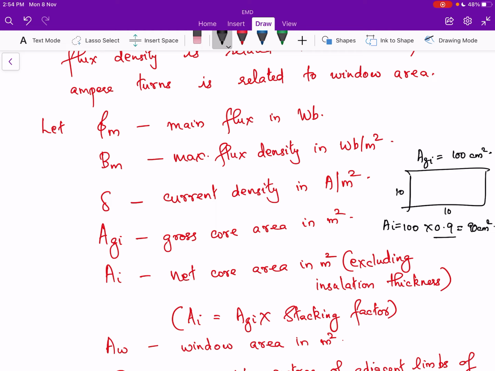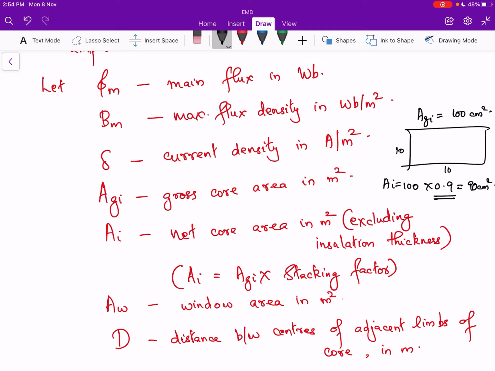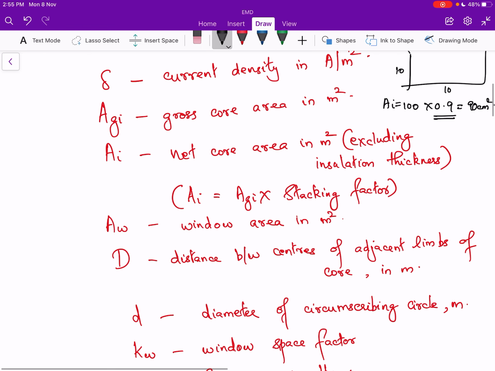So the stacking factor is included to account for the space loss between the laminations, that is, the insulation thickness is also accounted here. Now next is the window area, AW.